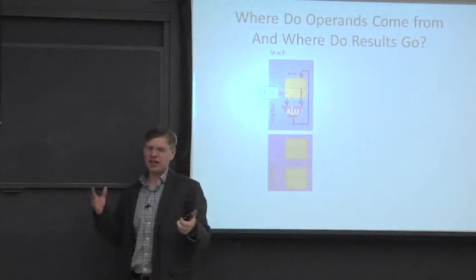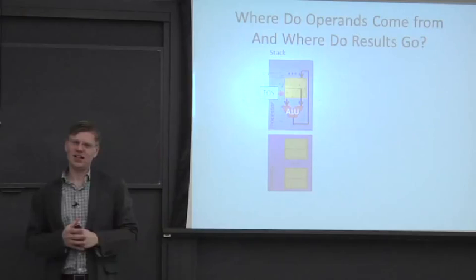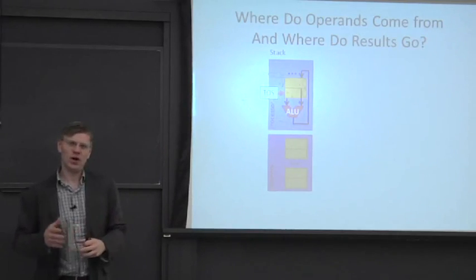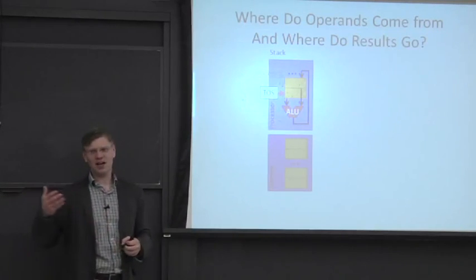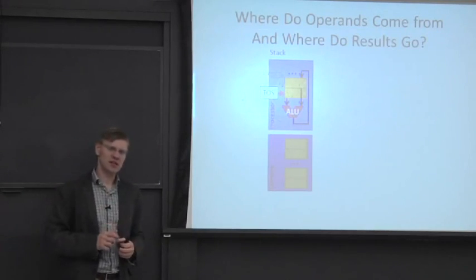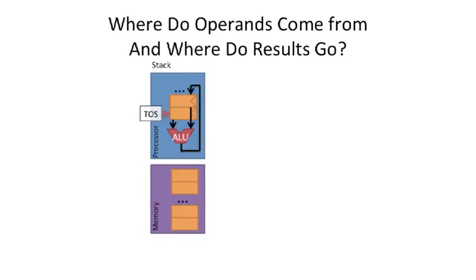A stack is just a storage element where you put things onto the stack, and the last one that was put on there gets taken off first. In a very basic sense, we just take the top two things on the stack, fetch both of them, operate on them, and put the result on the top of the stack.